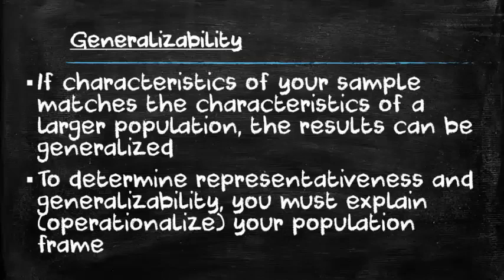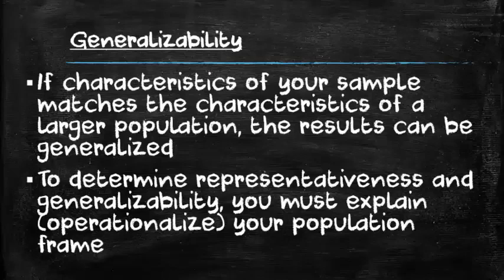Now that does not mean that every single person will have the same belief or attitude or feeling about what I'm trying to measure, but it means on average that most of the people in that population will share the same attitude, feeling, or belief. That's a really important thing for you to understand.